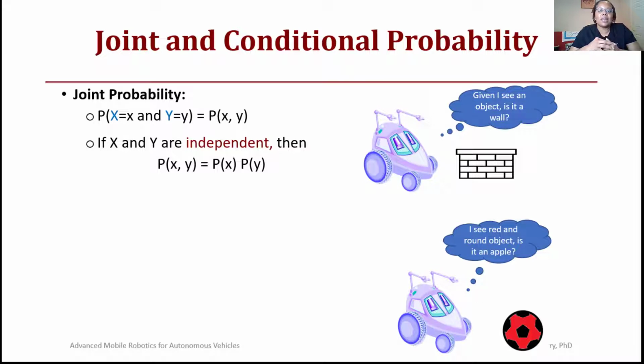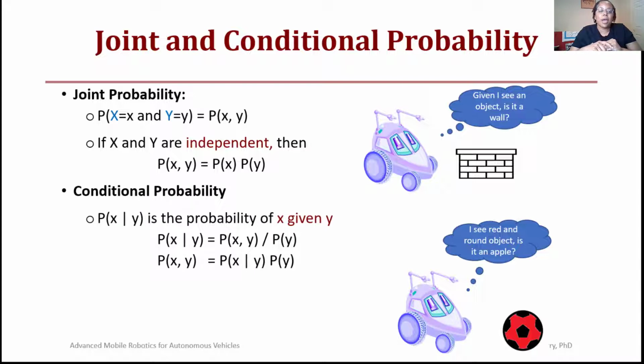But something that would not be dependent could be my sensor sees something red, it must be a ball. Those may not be dependent on each other because the ball does not necessarily have to be red. Although if my sensor sees something red, it must be an apple. That may be dependent because apples could be red, although we know you could also have green or yellow apples. So if X and Y are independent, then the probability of X comma Y is the probability of X times the probability of Y.